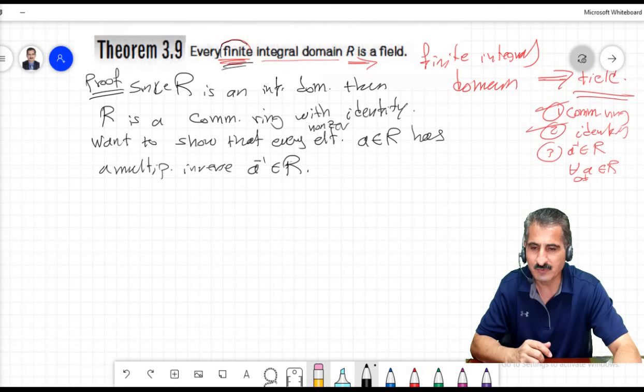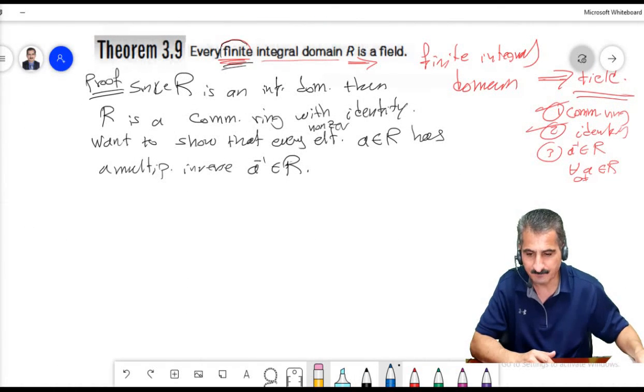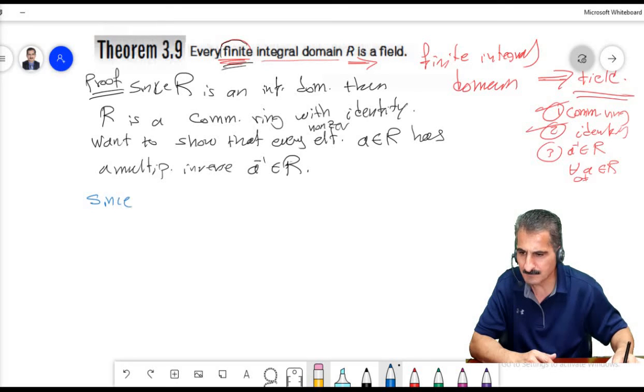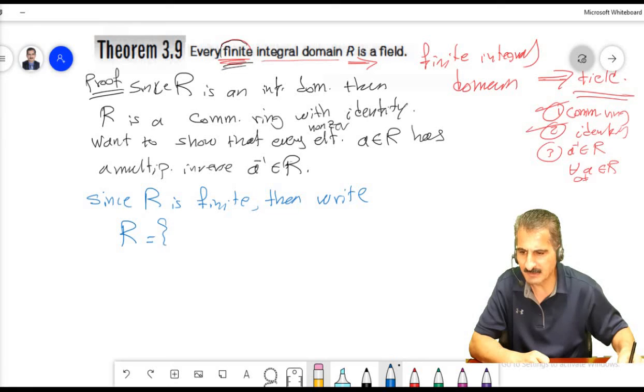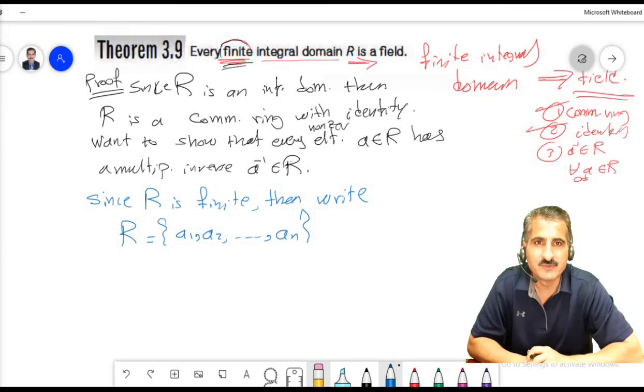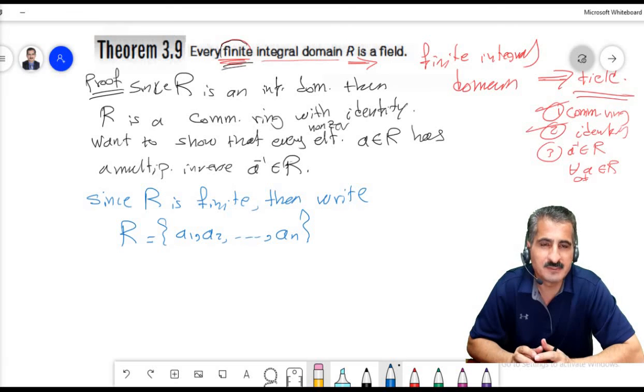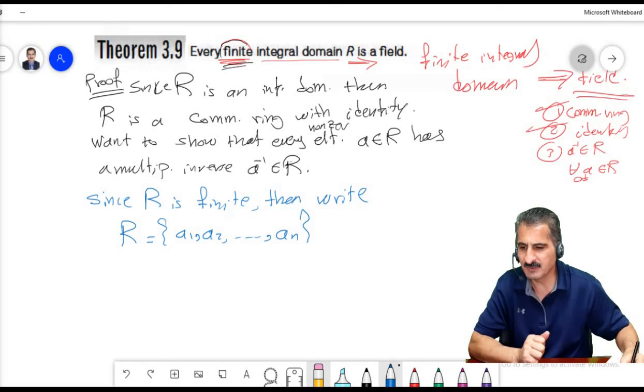So let us write: since R is finite, let's write the elements of R to be A1, A2, all the way to AN. Those are the elements of the integral domain. One of them is the 0. We don't know which one. Let me write the 0.